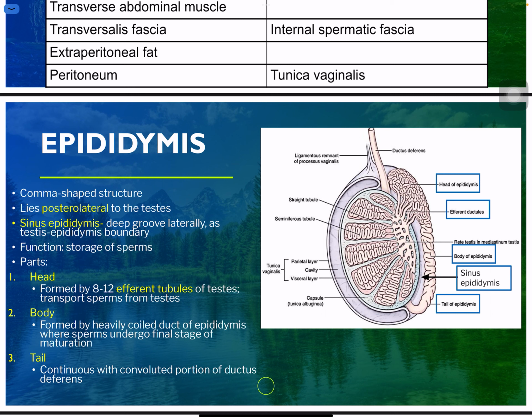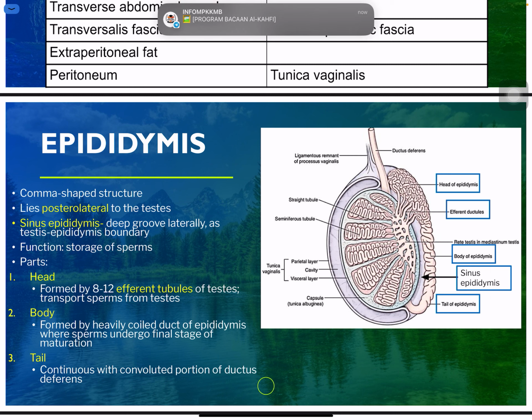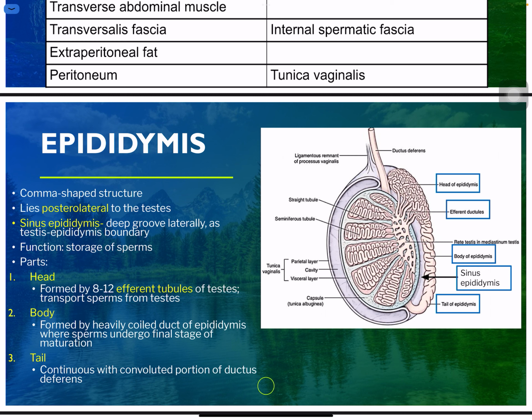Okay, head formed by 8 to 12 efferent ductules or efferent ducts of the testis. And then the body formed by heavily coiled duct of the epididymis, where sperm undergo the final stage of maturation. Okay, and the tail is continuous with the convoluted portion of the vas deferens. Dia akan jadi vas deferens later.